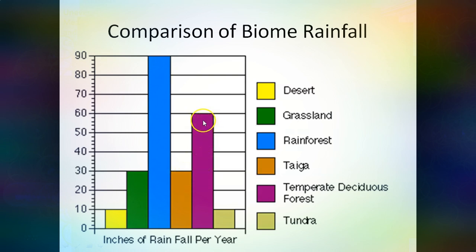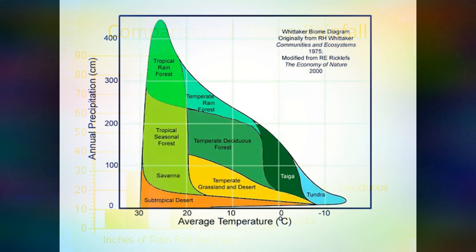For temperate deciduous forests, it is about 60 inches. And for tundra ecosystem, just like the desert ecosystem, the rainfall is about 10 inches. So this is a comparison of biomes with respect to rainfall. Again, this shows different ecosystems with their annual precipitation.